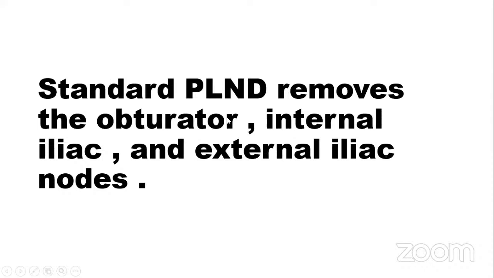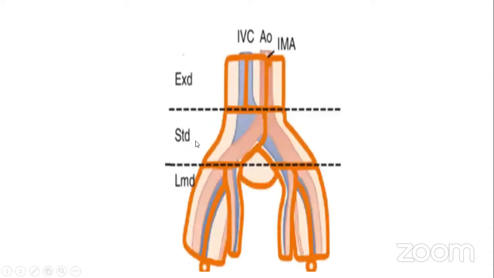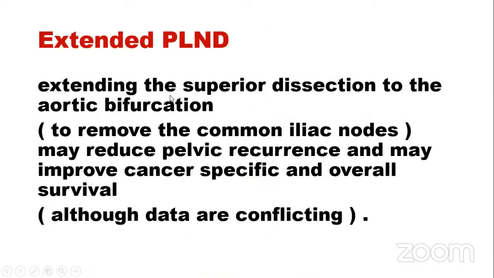This is known as standard. Standard pelvic lymph node dissection removes the obturator, internal iliac, and external iliac nodes. As you see here, this is the difference: the standard goes up to the bifurcation of the aorta, and the extended reaches to the inferior mesenteric artery.